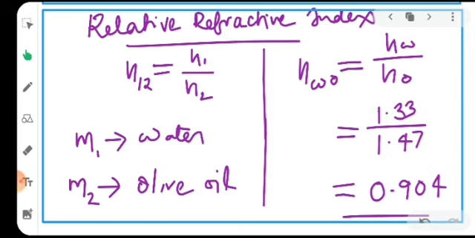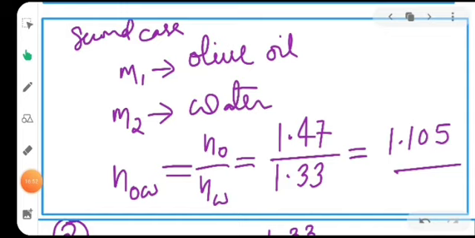So let's move on to the second case. In the second case, we take olive oil as medium 1 and water as medium 2, and we find the relative refractive index of olive oil with respect to water. And what's that? N_O, the refractive index of olive oil, divided by the refractive index of water.